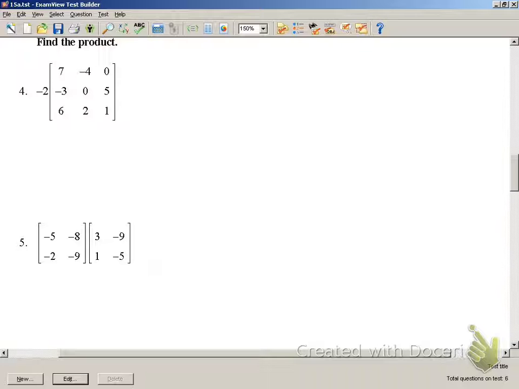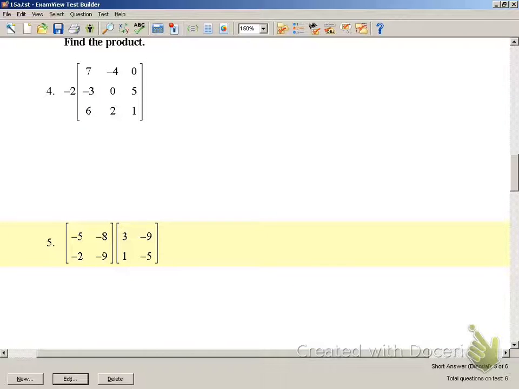Number 5 says to find the product. Now, we are to take the first term. When we're multiplying, we're taking that row 1 times column 1. So negative 5 times 3, and we will add that to negative 8 times 1.